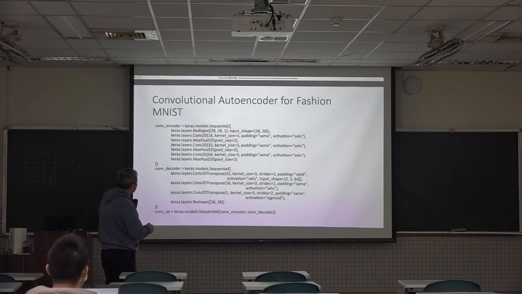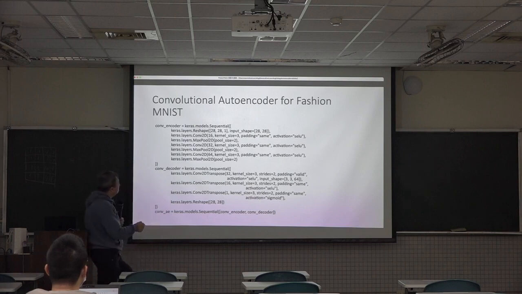We use a convolutional layer, Conv2D, with 16 feature maps, kernel size 3, padding same, activation 0, and then we reduce the dimension using max pooling with pool size 2.